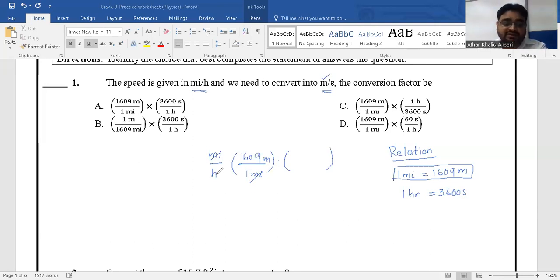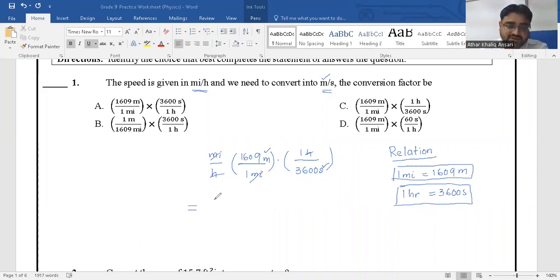On the other hand, I need to cancel hours. The second relation is 1 hour equal to 3600 seconds. I will write 1 hour as the numerator? No, because hour will cancel by hour, the denominator will be 1 hour over 3600 second. Now hour is cancelled by hour. My concerned unit is meter at the top, second at the bottom.